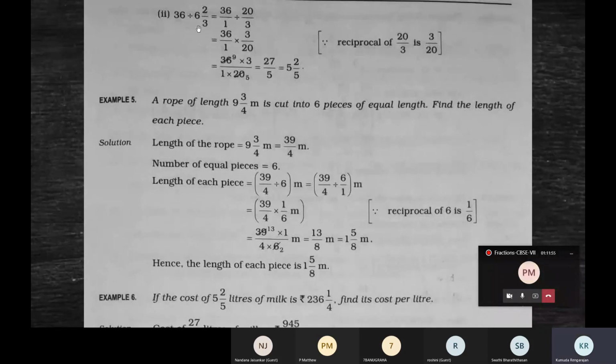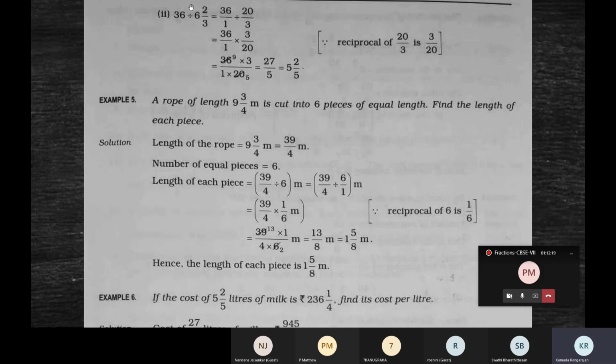So again, the second one means 36 divided by 6 2 by 3. So 36 means 36 by 1, because we want to see the numerator and the denominator. So let's write 36 as 36 by 1, division as it is. And the 6 2 by 3 is nothing but 3 sixes are 18 plus 2, 20 by 3.